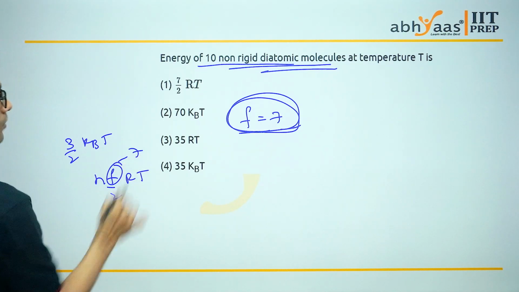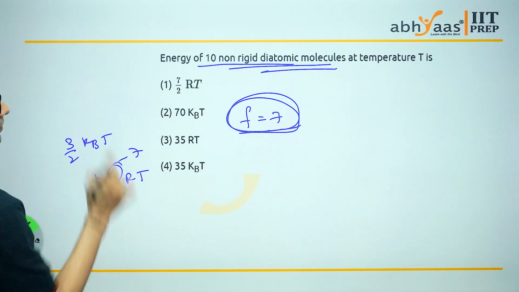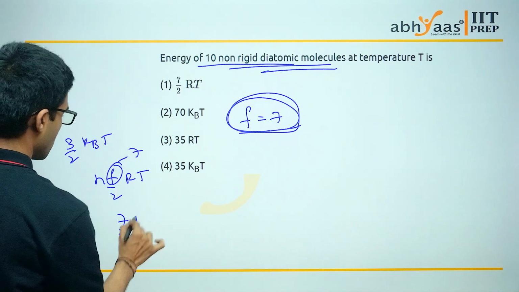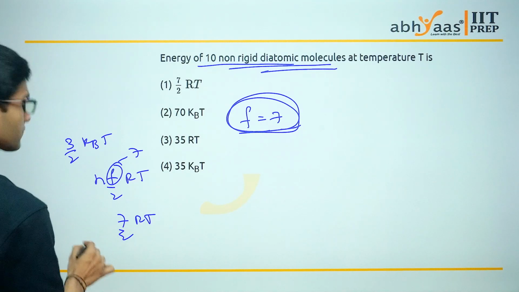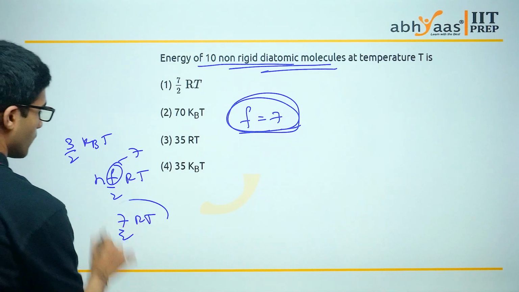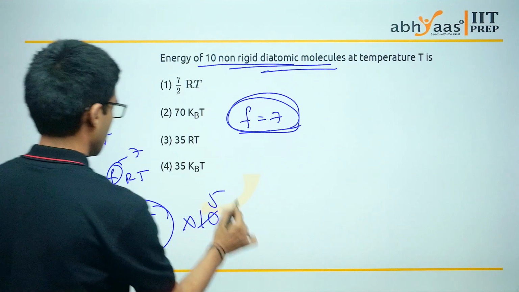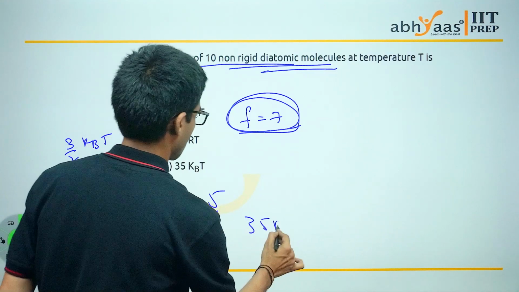So if you are considering one diatomic molecule, it is 7 by 2 RT. But here if you multiply with 10, you will get 35 RT.